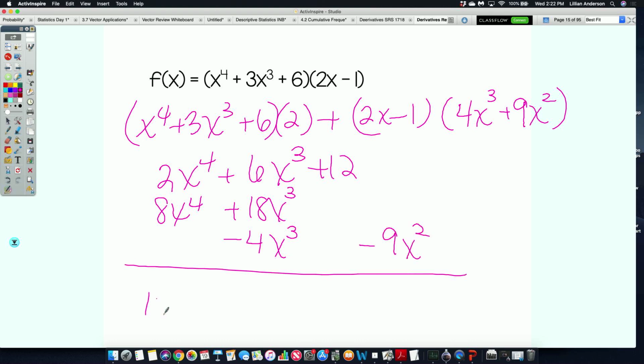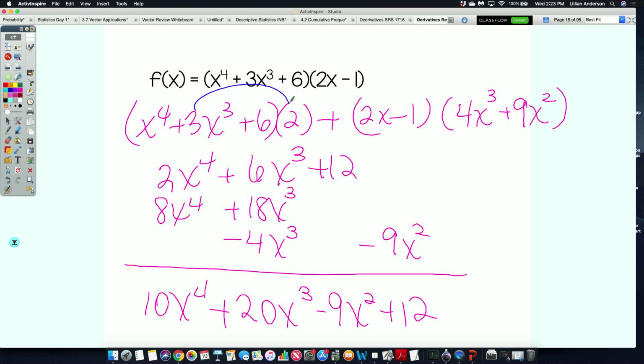So then you should have 10x to the 4, plus 20x to the third, minus 9x squared, plus 12.